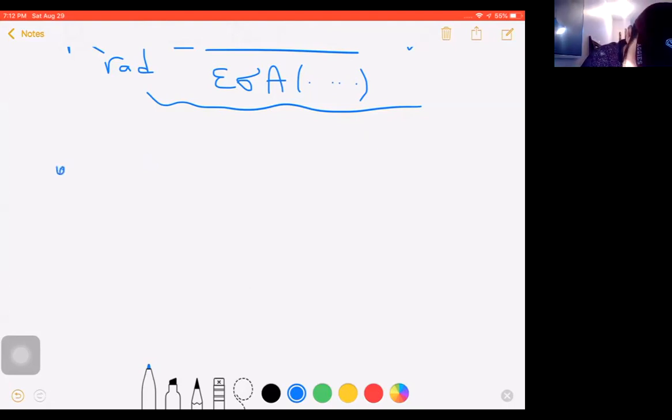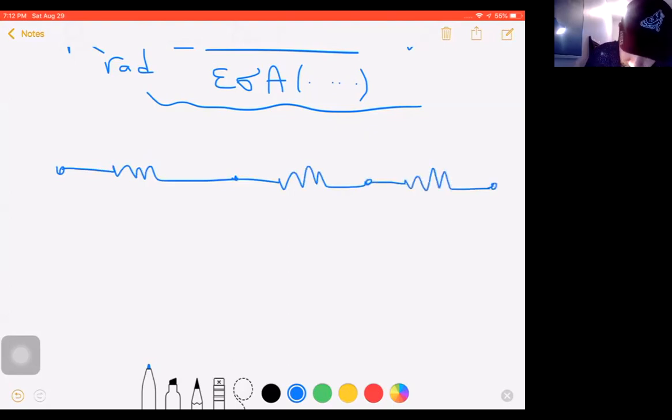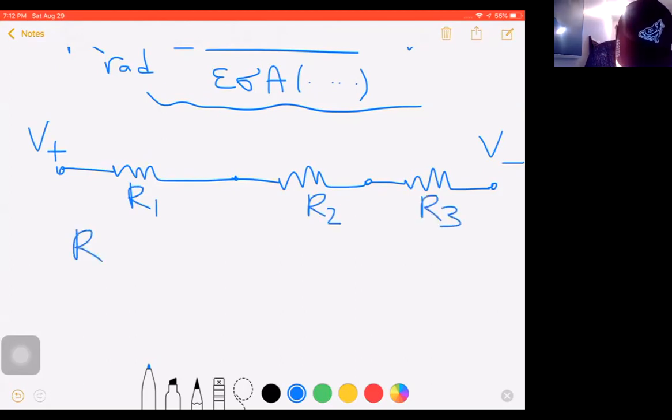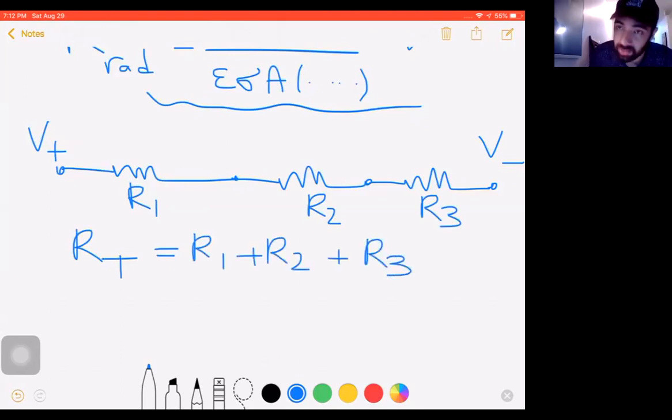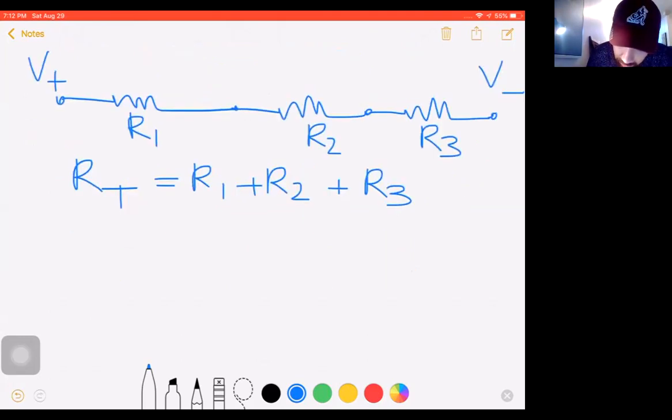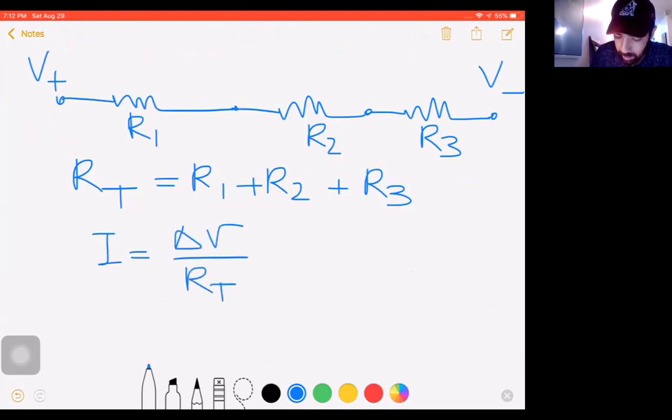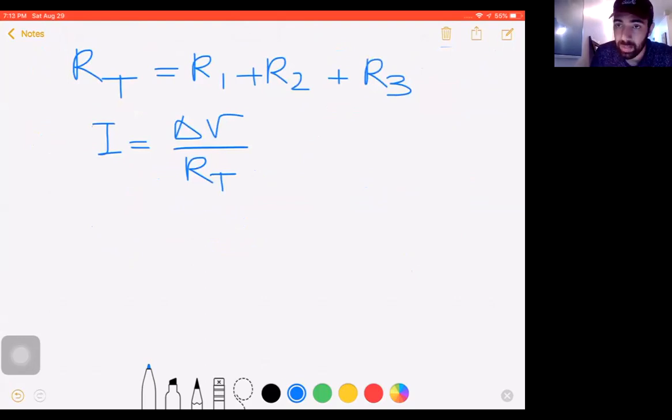If you remember, in electrical circuits, when you have some different resistivities connected together, and you have a high voltage to a lower voltage, then for finding the total equivalent current that is being transferred from the high voltage all the way to the lower voltage, you add all of those resistivities together to find the total resistivity, and the current would be the voltage difference over the equivalent resistivity.